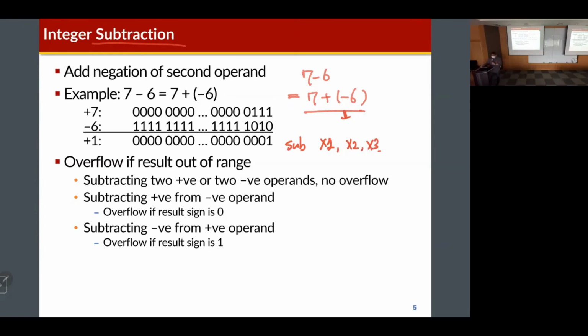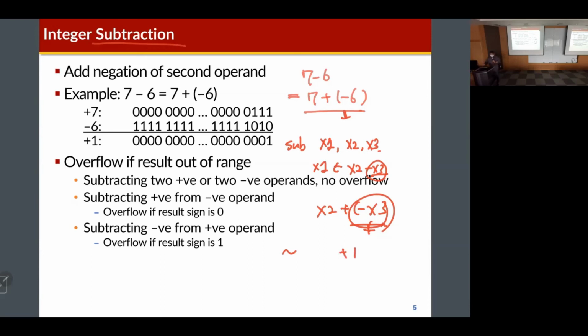The definition of this sub instruction is x1 equals x2 minus x3, which means we can negate the data in x3, so it's x2 plus minus x3. Can we negate this data? It's also simple, because we can negate this data by inverting each bit and then adding 1.